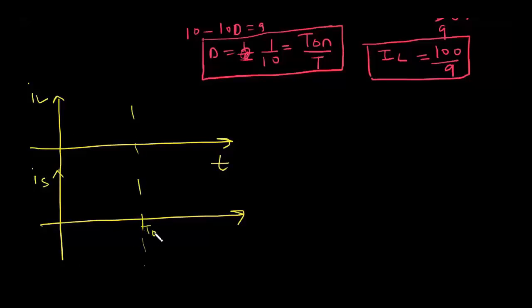This is T on, and this instant is the time period. This is the on interval when switch S is on, and this is the off interval when switch S is off.